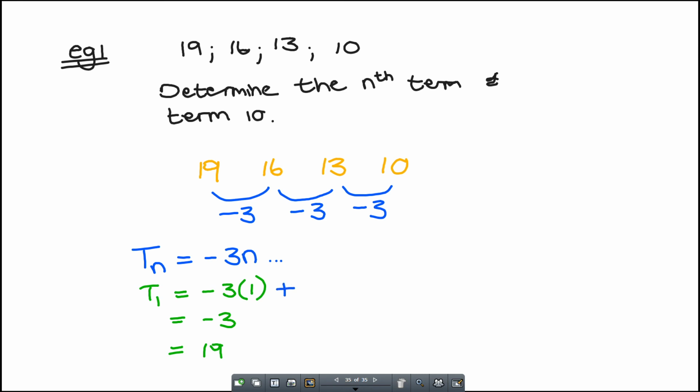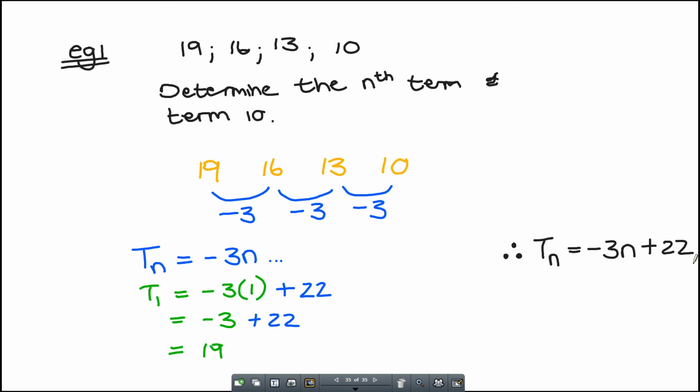Plus how much? Plus 22. So therefore term n will be minus 3n plus 22.